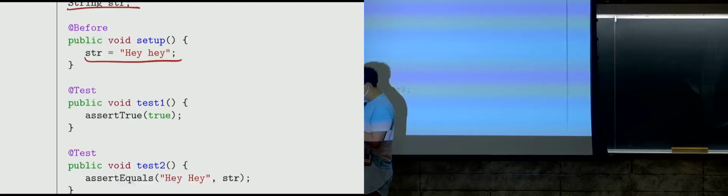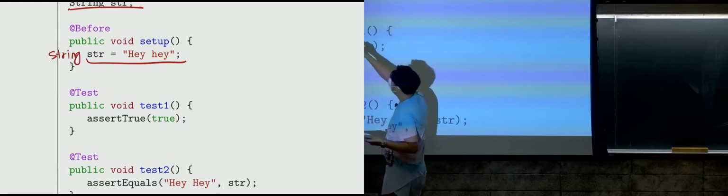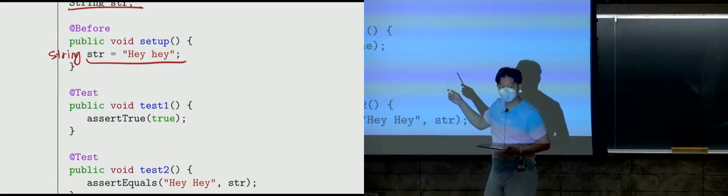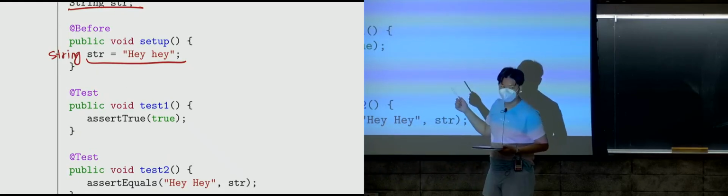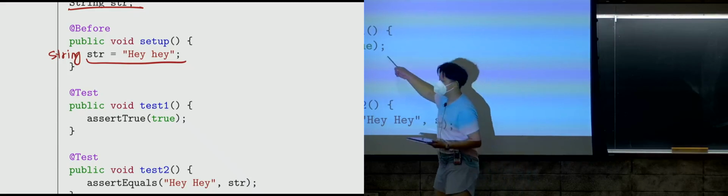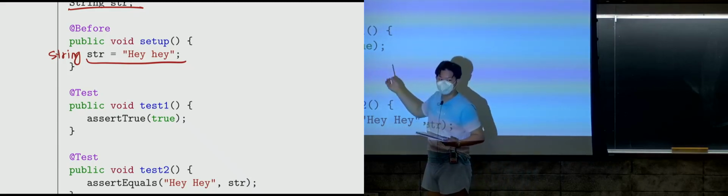So if I do a string, hey, I'm creating a local variable, right? It's only accessible within the setup method. It won't be accessible in the test method. You will find something like, what is string? Java does not know.